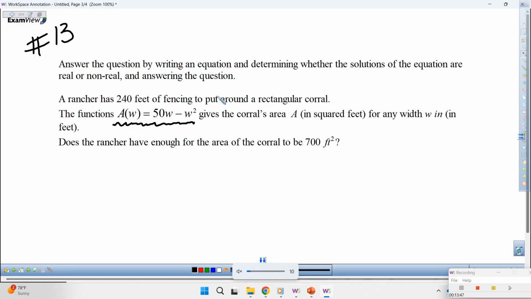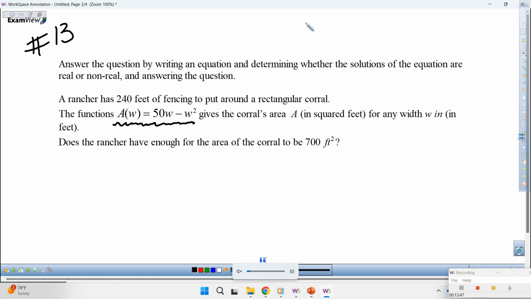It reads, answer the question by writing an equation and determining whether the solutions of the equation are real or non-real. So here's the question. A rancher has 240 feet of fencing to put around a rectangular corral. The function A of w equals 50w minus w squared gives the corral's area.